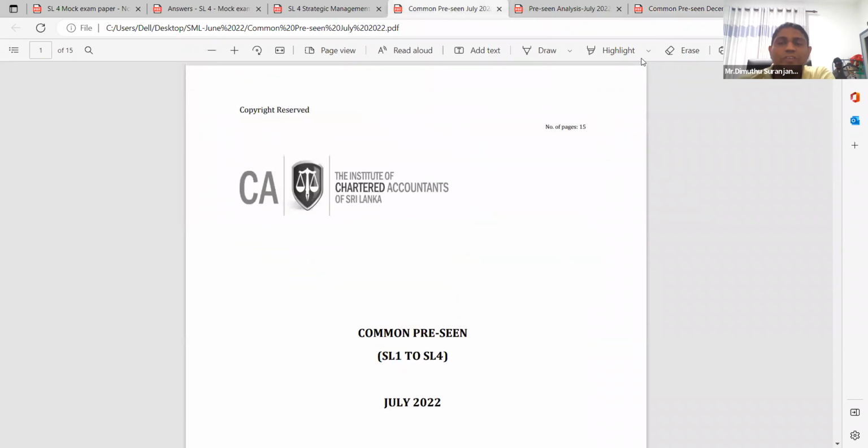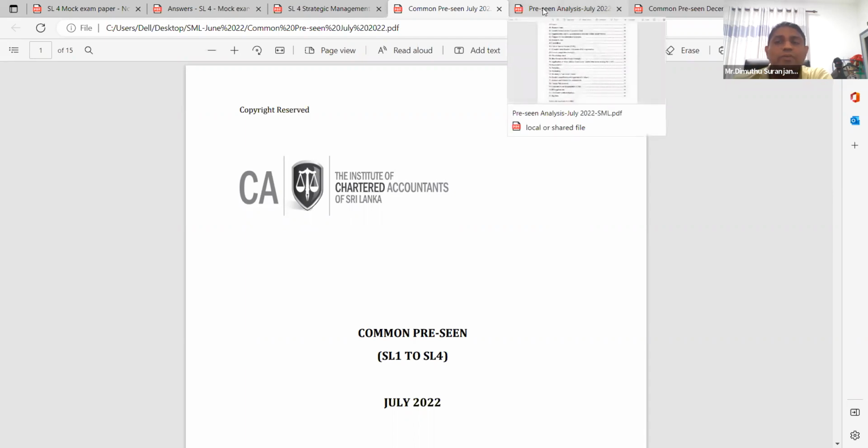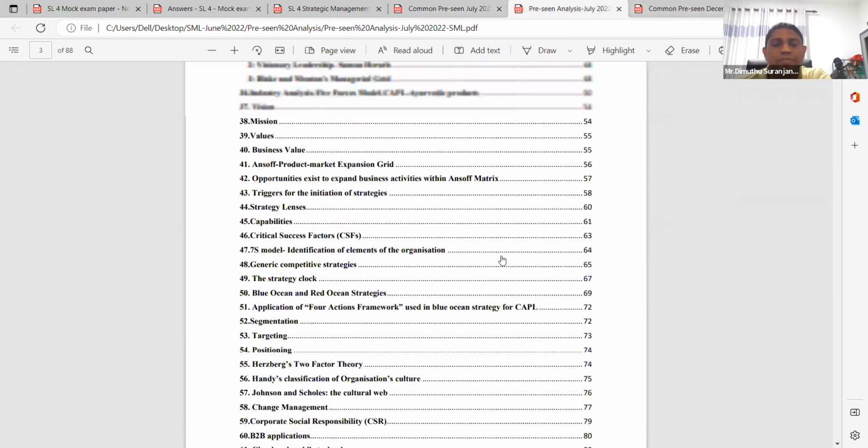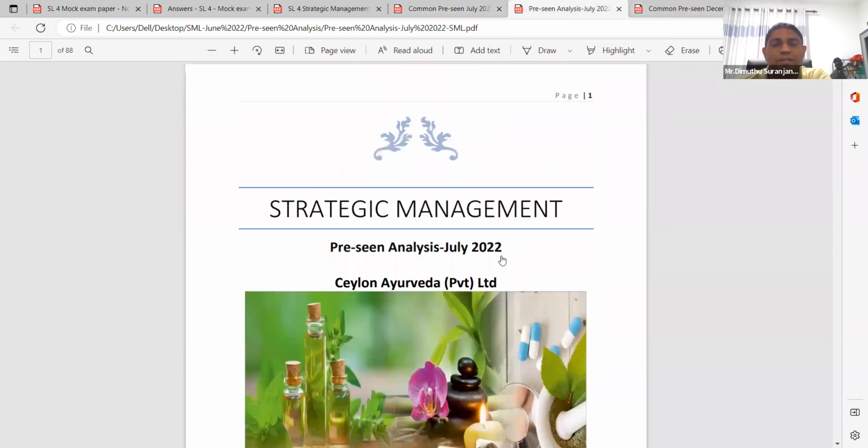Why is it called a common pre-seen? This is applicable to all 4 subjects. Therefore, there are certain things which are not applicable to your subject. You pick the applicable points. So you have to deal with the pre-seen and do the analysis and then go for the exam. Then it will be very easy for you to answer the questions. Right? So now see, for example, here, the last time analysis I have done.